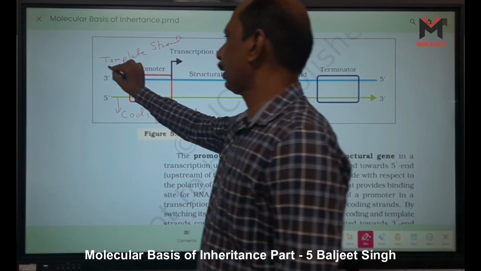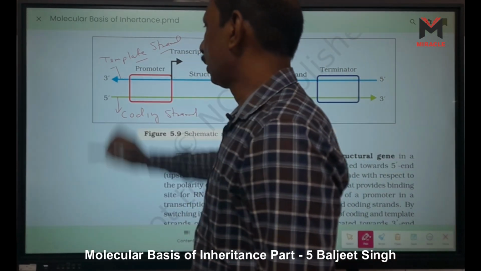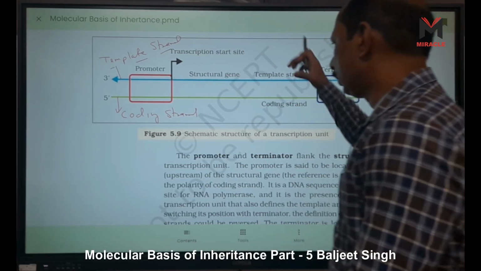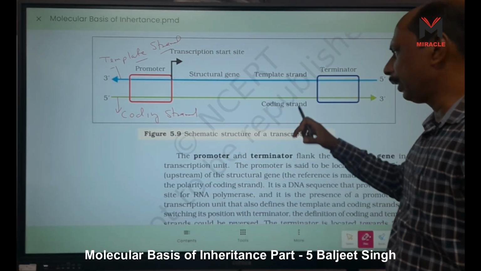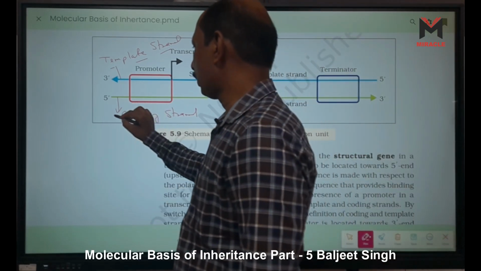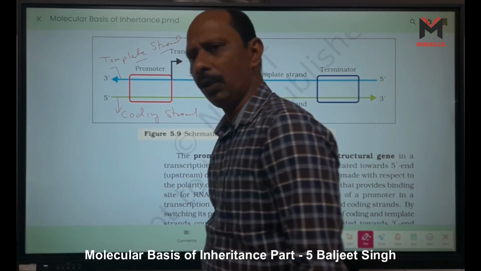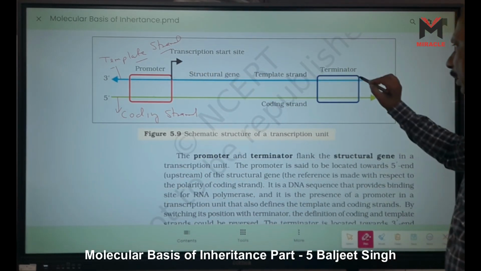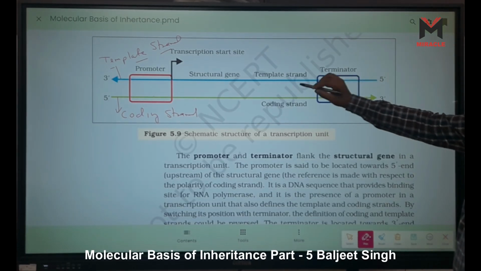When we consider the template strand, the promoter is toward the 3' end. But when we consider the coding strand, the promoter is located toward the 5' end. This side is the terminator.